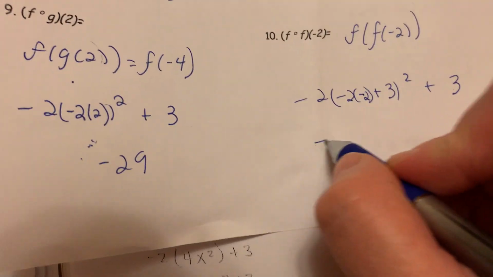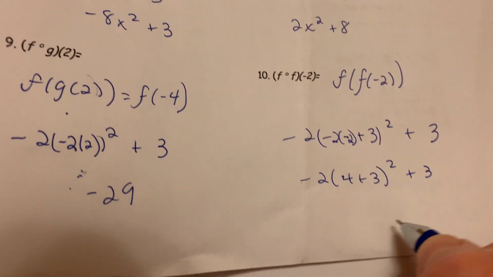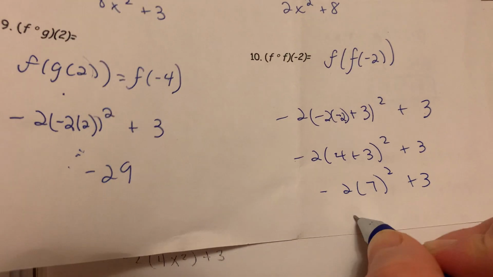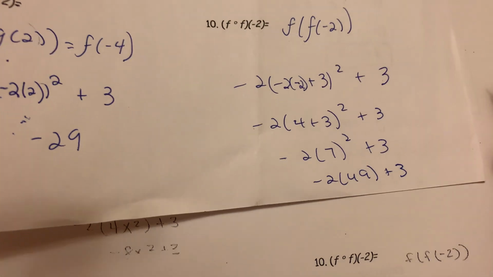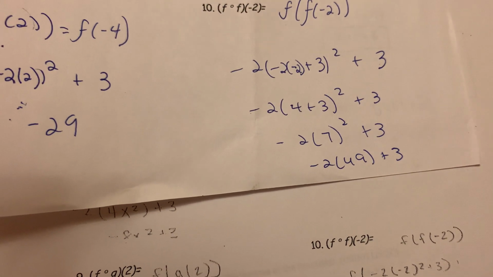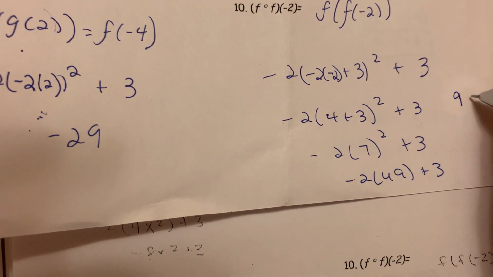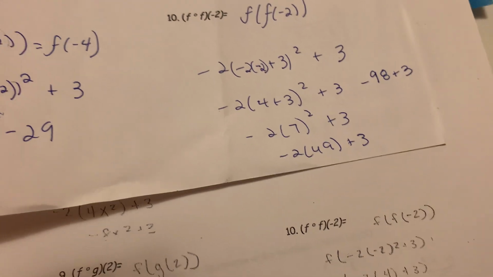So when you simplify that, you're going to get 4 plus 3 squared plus 3. You're going to get negative 7 squared plus 3. You're going to get 49 times negative 2 plus 3. And then you're going to get negative 98 plus 3, which is negative 95.